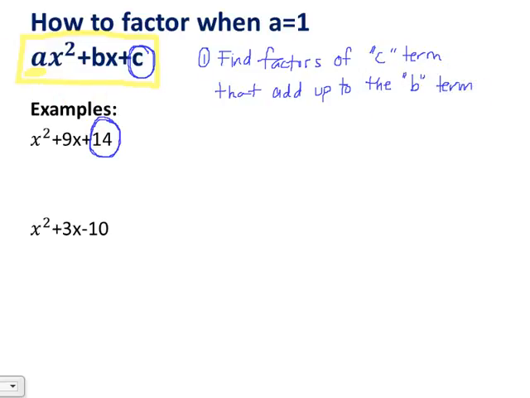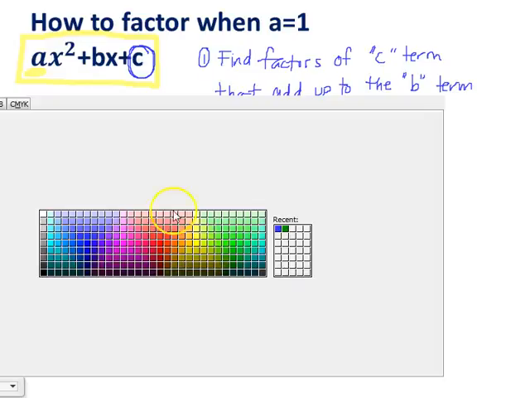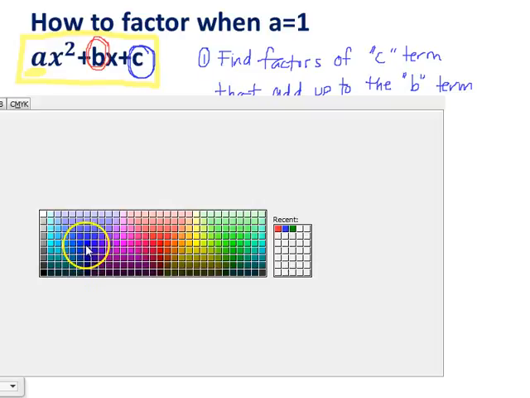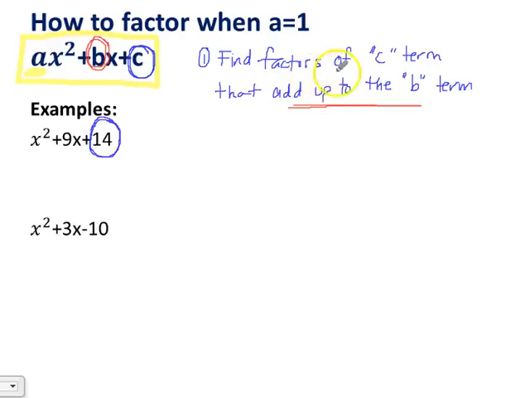We're going to focus a lot on the a term and the b term, because those two numbers are going to be very helpful when we are factoring. So we're looking for factors of the c term that add up to the b term.